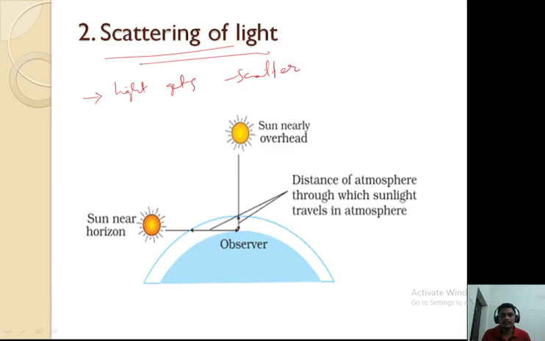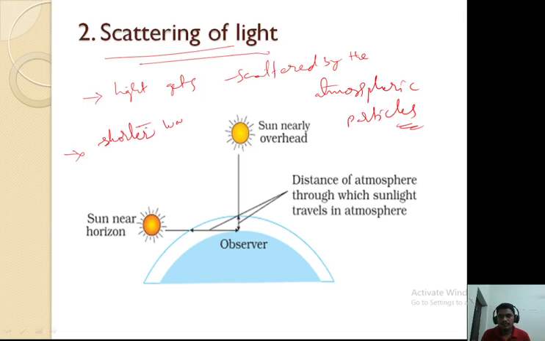It is observed that shorter wavelength light suffers much more scattering than the longer wavelength, and the amount of scattering is inversely proportional to the fourth power of the wavelength of the light.